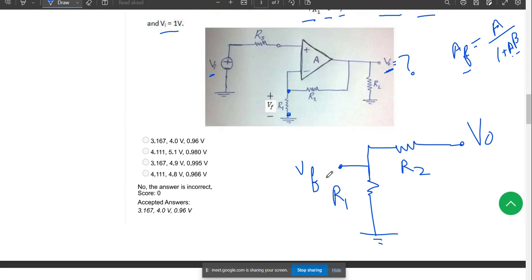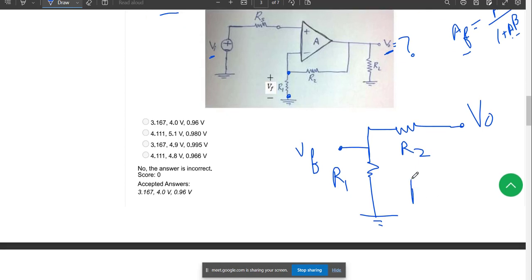If we remove everything else and keep only the feedback network, this is what we get. This means that beta is equal to Vf by Vo.